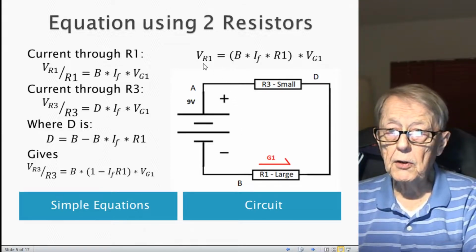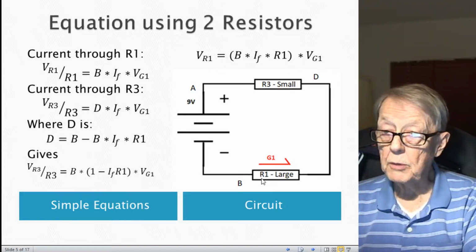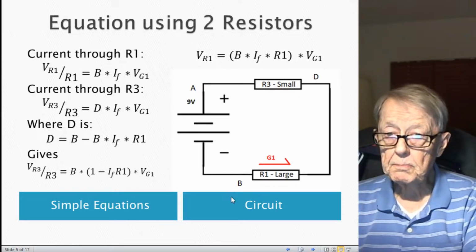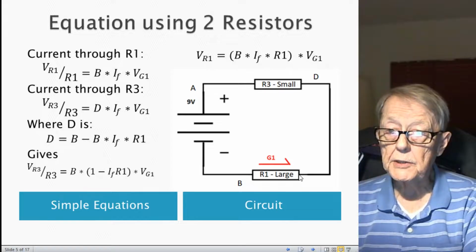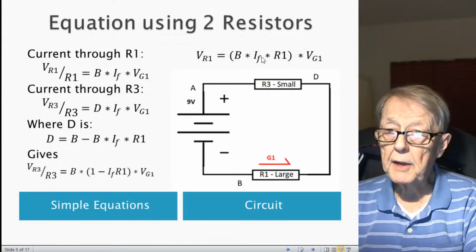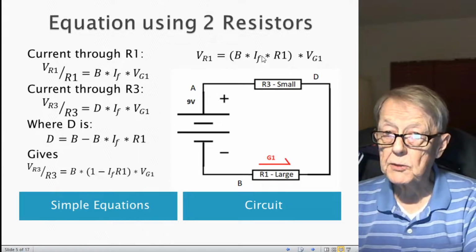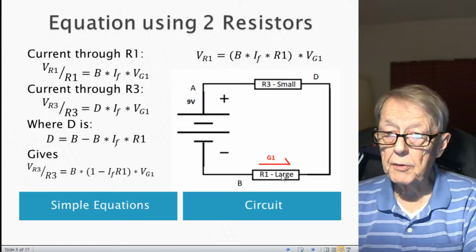If you look at the voltage drop across R1 in terms of the particle model, the voltage drop is equal to the number of G1 particles, B in this case, entering the large resistor, multiplied by this interaction factor, one of the constants I'm looking for, times the value of the resistance.